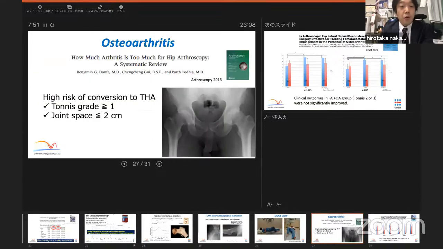Finally, osteoarthritis is known as a contraindication of hip arthroscopy. This systematic review reported that Tönnis grade more than 1 and joint space less than 2 millimeters are at high risk of conversion to THA.